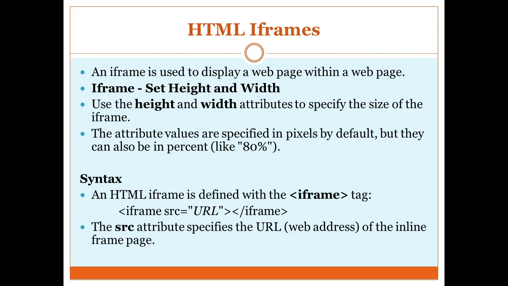Use the height and width attributes to specify the size of an iframe. Most probably it can occupy 80% of the web browser, but you can specify the height and width too.